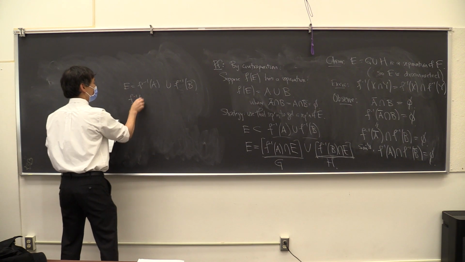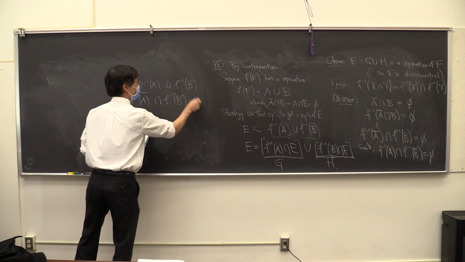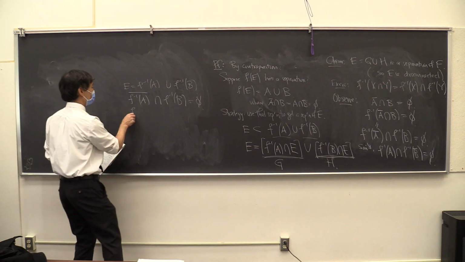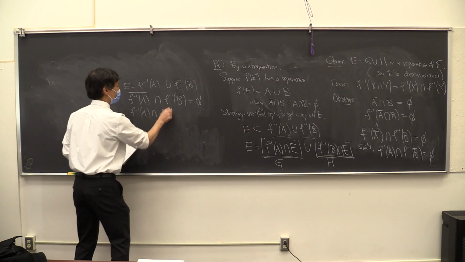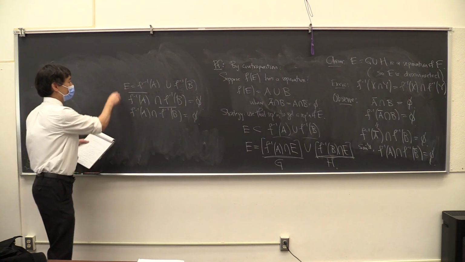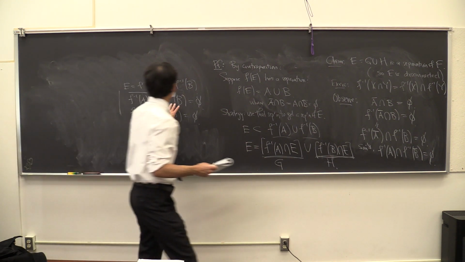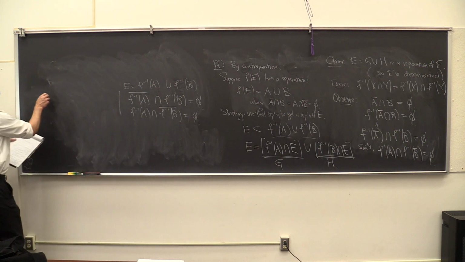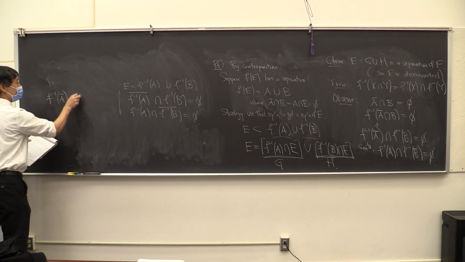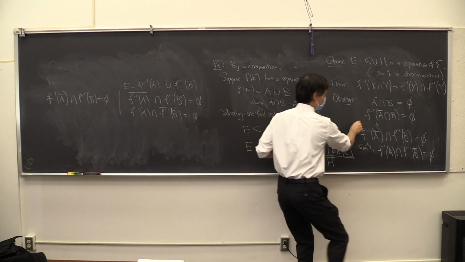We want to see that F inverse A bar intersects F inverse B is empty and vice versa. That's what we would want. We would also want the other statement, that this thing is empty. That's what we want for this thing to be a separation. Well, look, we already know that F inverse A bar intersects F inverse B is empty from over here.